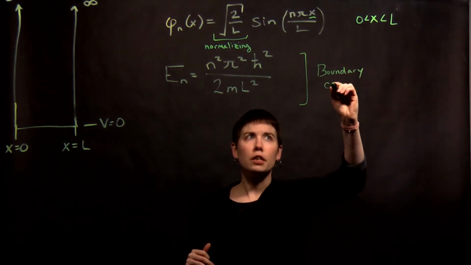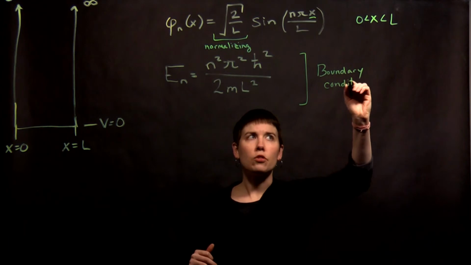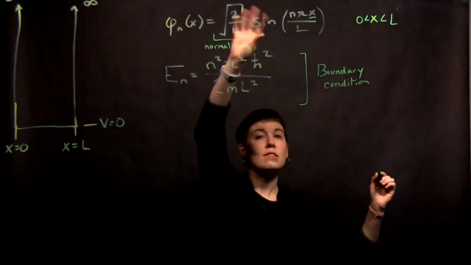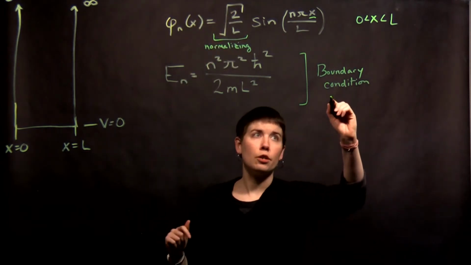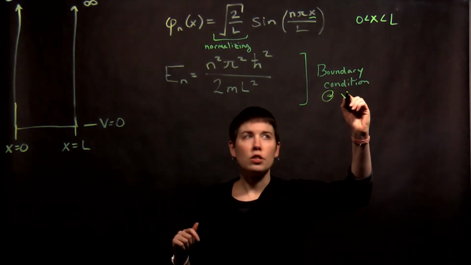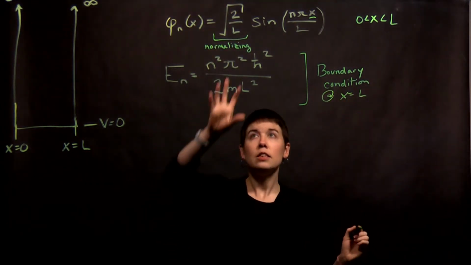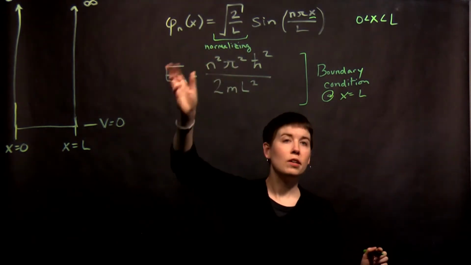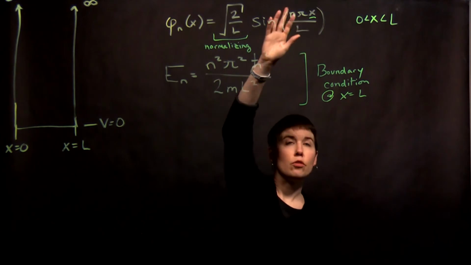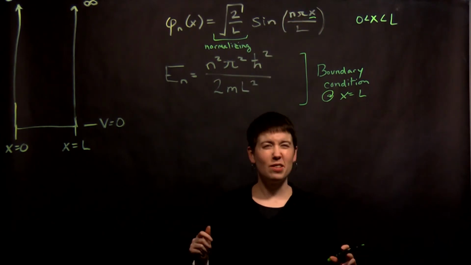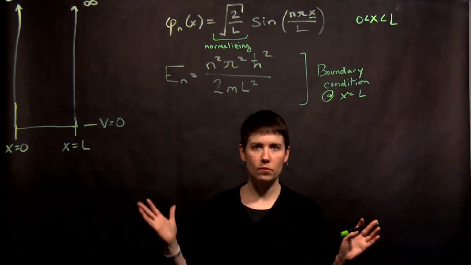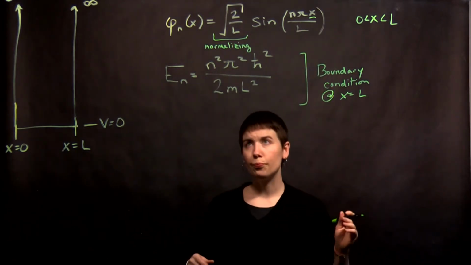And in particular, we used one boundary condition, the one at x equals 0, to say that this has to be sine and can't have a cosine term. So the boundary condition at x equals L is getting us to this. Once we actually take this and plug it back in for E when I had it in the other form, it simplifies down to this. So again, it looks a little bit different from prior videos. The book goes through some of these details, but this should check out.